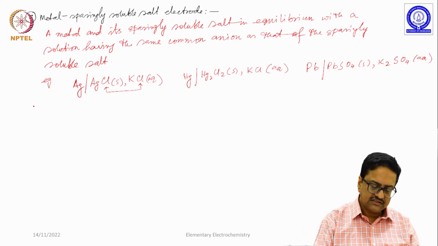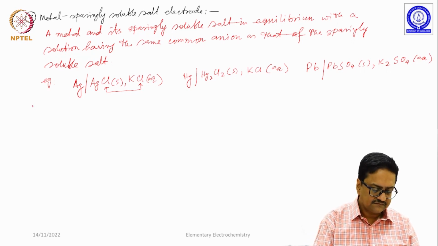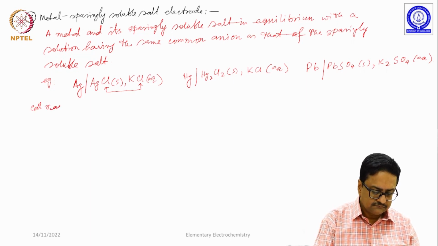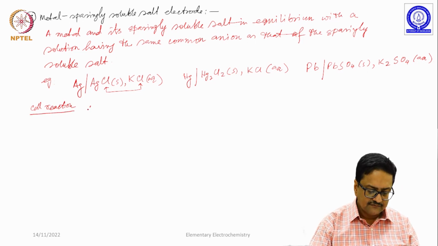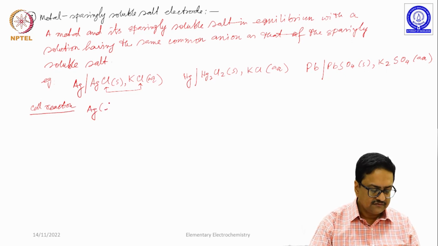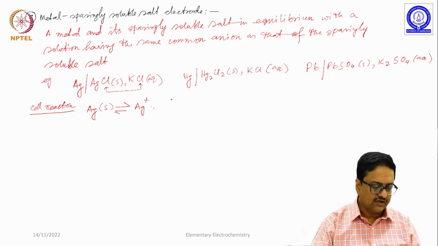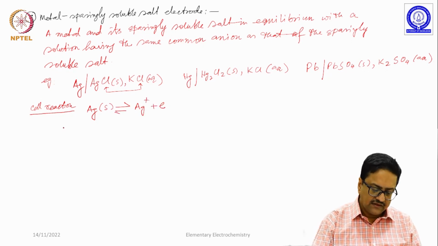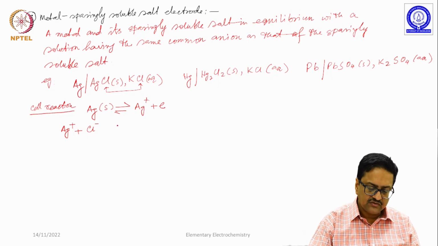So, I am writing one of the cell reactions. For this half cell, you will have a set of two reactions. Ag solid comes in equilibrium with Ag plus plus electron, and then this Ag plus reacts with Cl minus from the solution and forms AgCl solid.